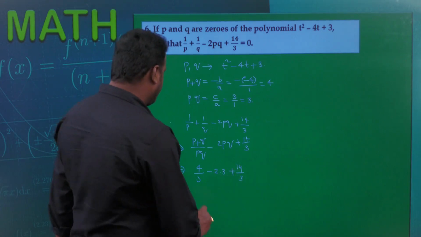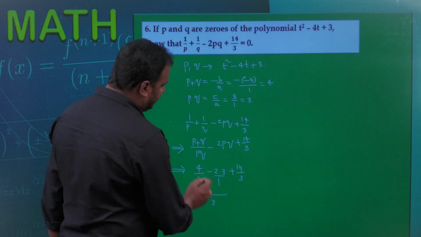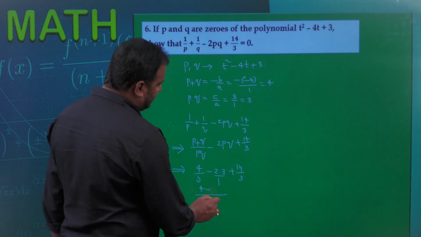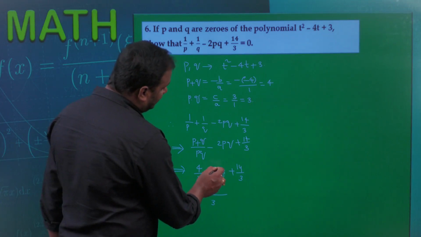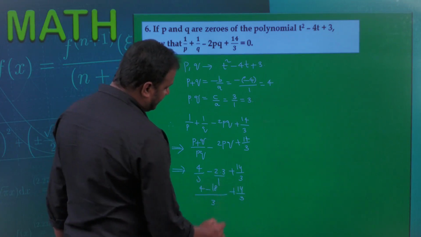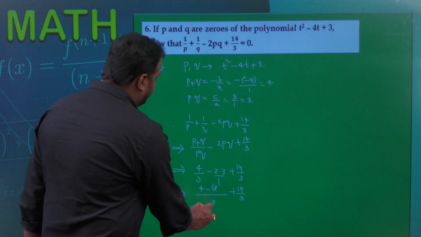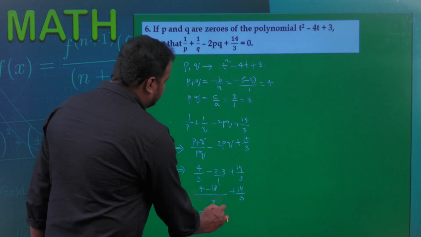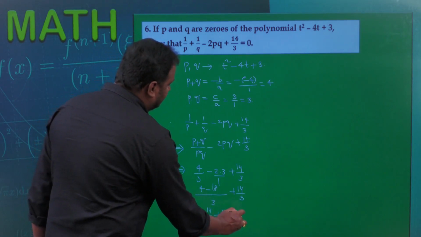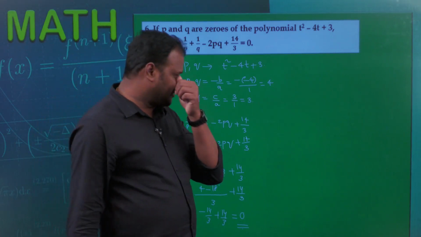Okay? When you simplify them both, see the LCM is 3. 3 cancel, remaining 4 minus 3 3s are 9, 9 2s are 18, plus 14 by 3. See here, 4 minus 18 is equal to minus 14. So minus 14 by 3 and plus 14 by 3, which is equal to how much? Is equal to 0.